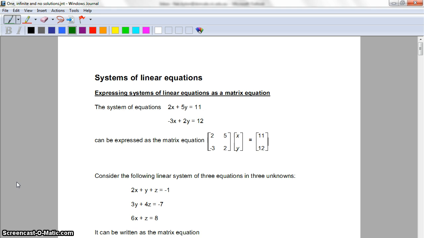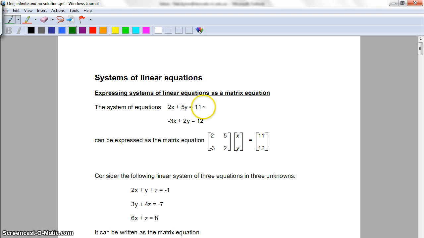Again, you don't need to know a lot about matrices. You just need to know how to multiply two matrices together, which we covered in the previous video on transformations of matrices. So this system of equations here, 2x plus 5y equals 11, negative 3x plus 2y equals 12, can be expressed as the matrix equation. If you have a look here, the 2 is there, the 5 is there, and the 11 is over there. That works because 2 times x plus 5 times y equals 11.